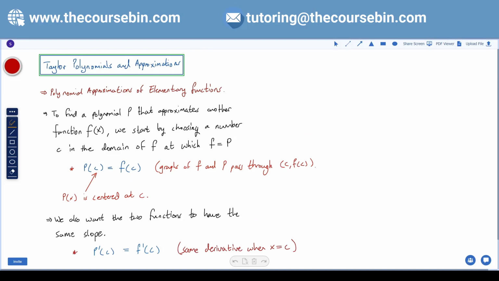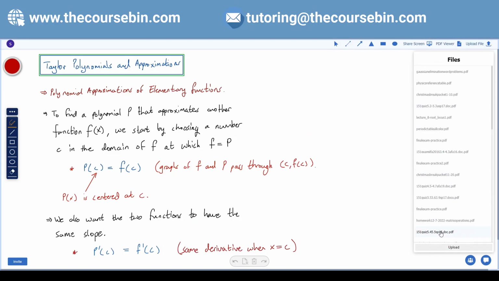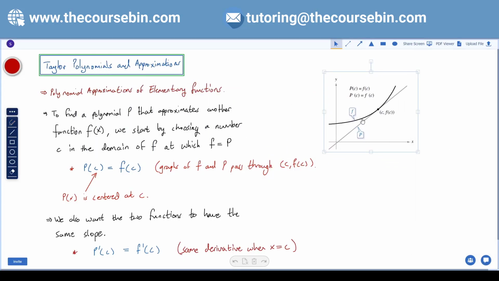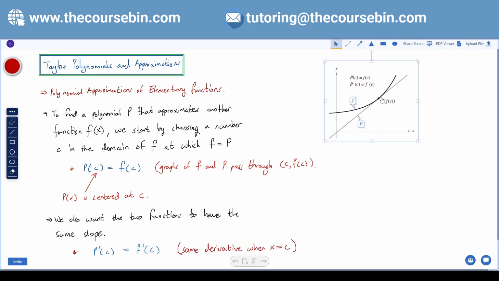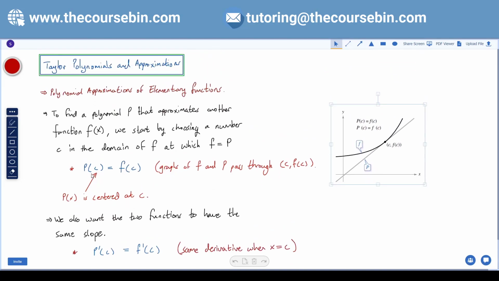I was going to show you an image of what this looks like. The dark line is the f of x, the actual function here. You see that by making these two requirements, our polynomial has to equal f when x is c, and also its first derivative must be equal to the first derivative of f when x is c.